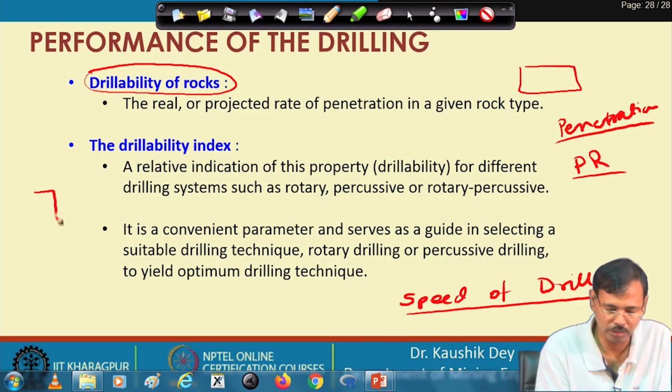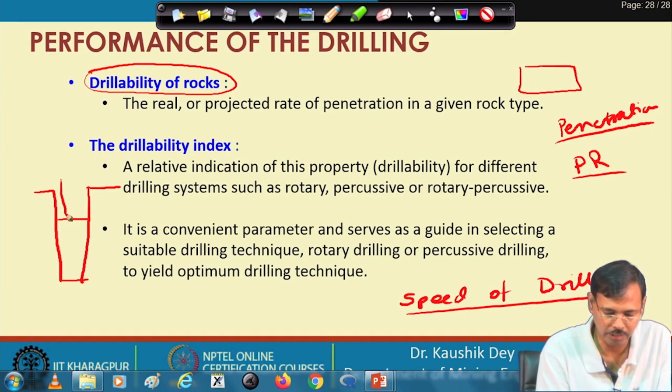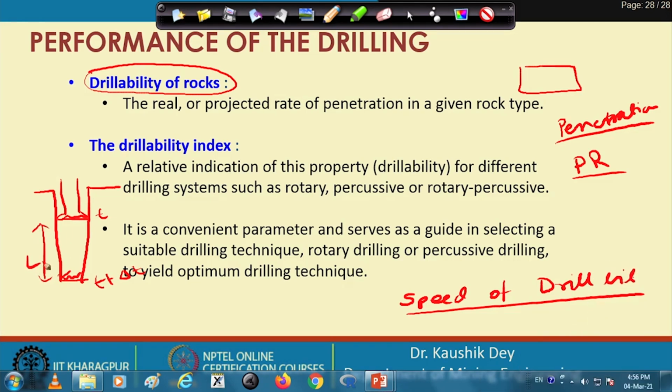That means, if you are carrying out drilling and at time t your drilling bit is at this position, and at time t plus delta t the drill bit is at this position, and you consider this length to be L, then the penetration rate is L by delta t. This is expressed in meter per minute.